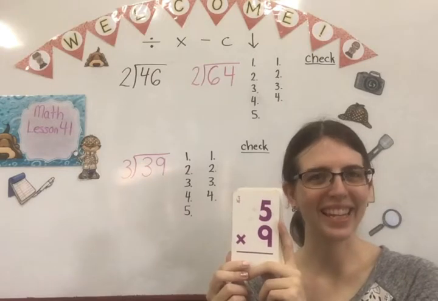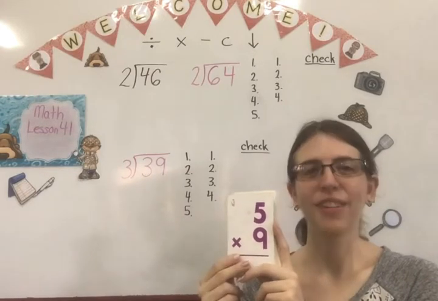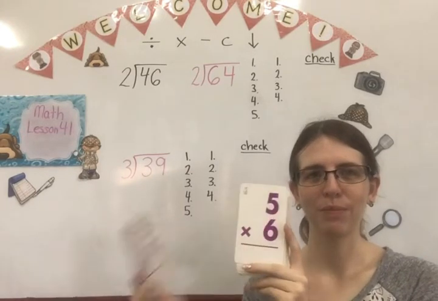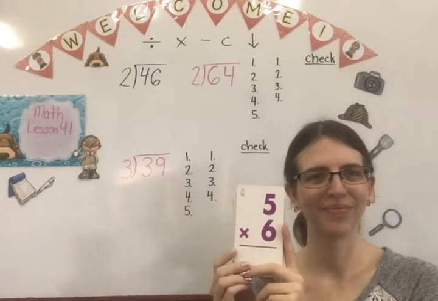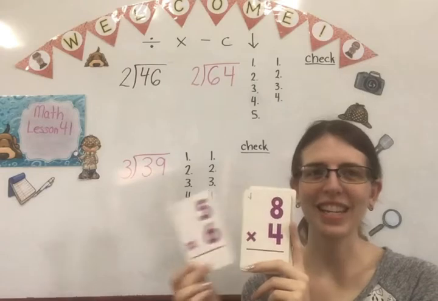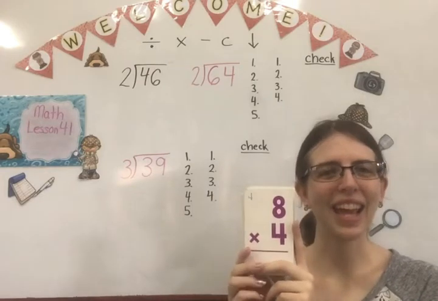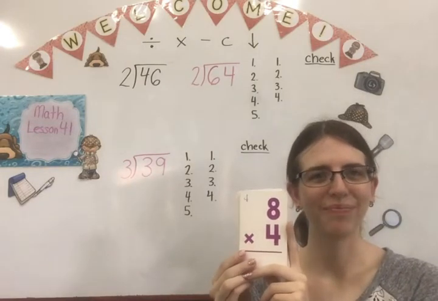Let's call on Billy. 45. 5 times 6, Jordan. 30. 8 times 4, Samantha.